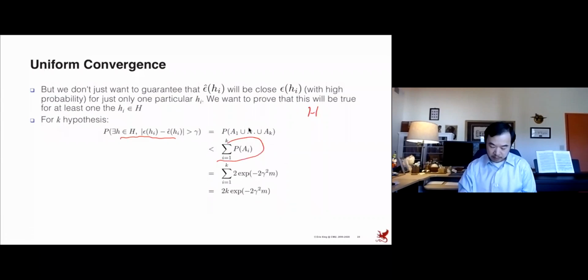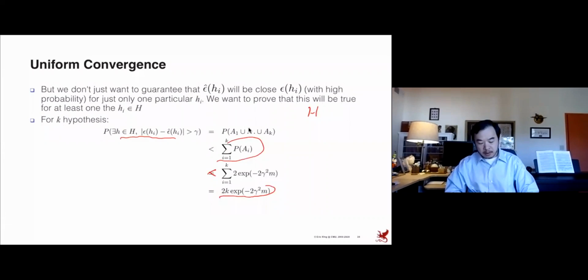Therefore, the number of hypotheses is k. By the way, this should be a greater sign. Okay. So that means with small probability, there exists at least one bad hypothesis learned from data.